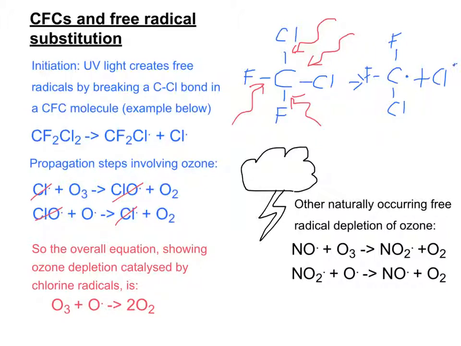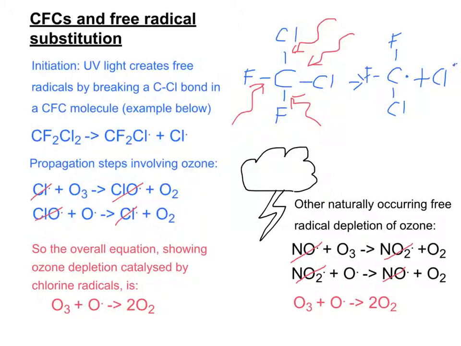So again we can cancel out NO and NO2 radicals, and we end up with an overall equation here as well. However, in the greater scheme of things, because this is a naturally occurring process due to thunder and lightning, due to lightning strikes, it doesn't affect the ozone layer as much as the large volume release of CFCs.